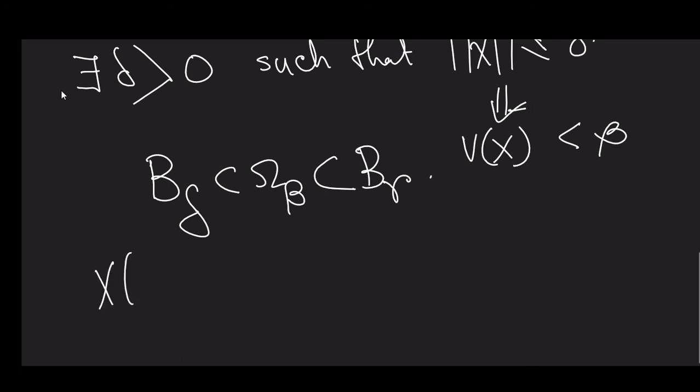So it is so clear that x naught is contained in B delta, because B delta is a subset of omega beta.